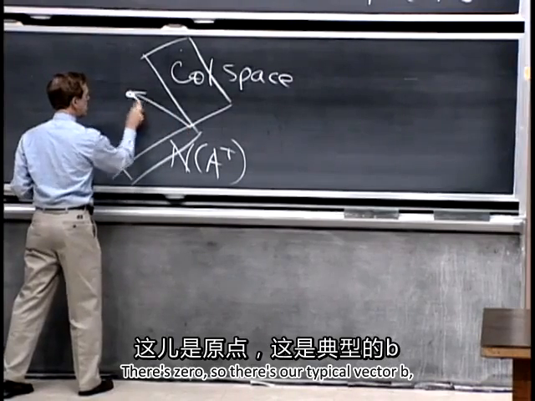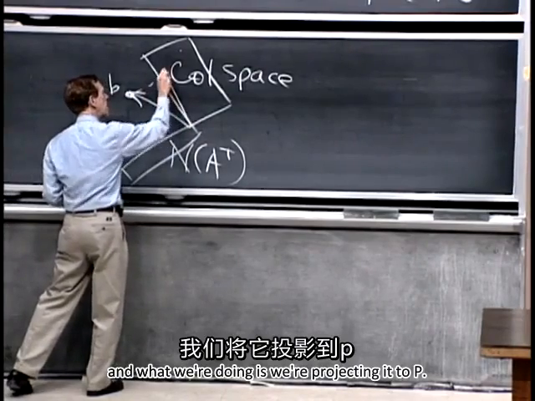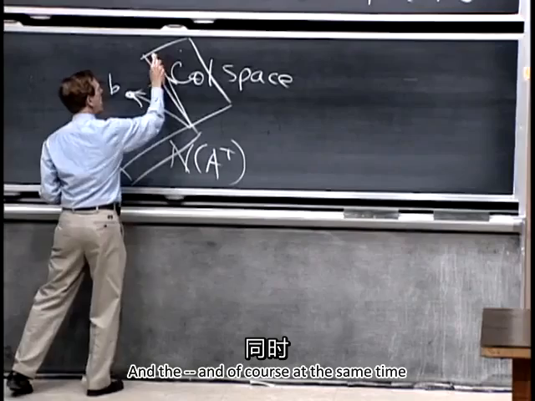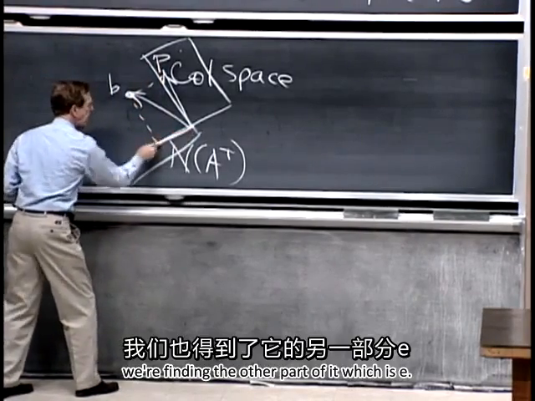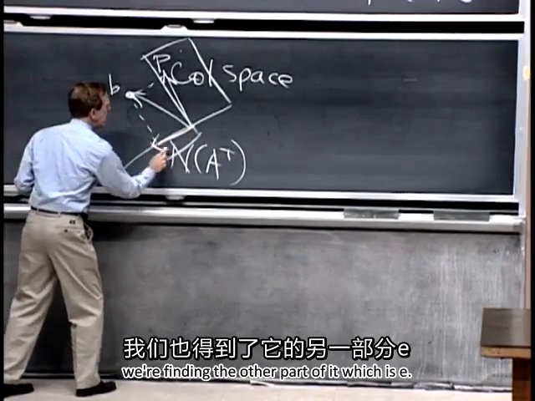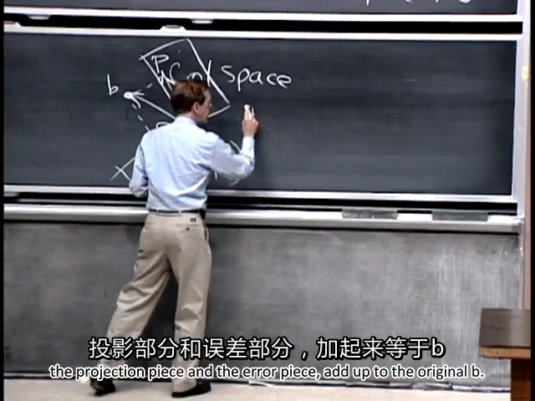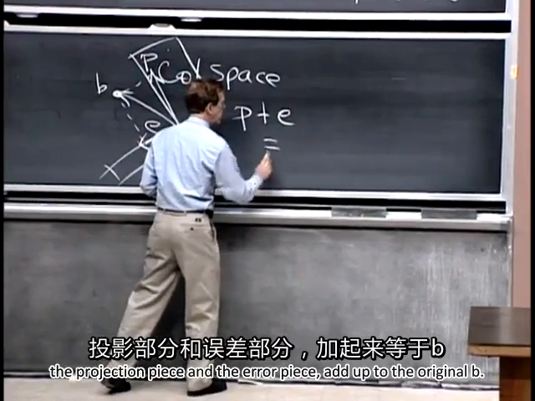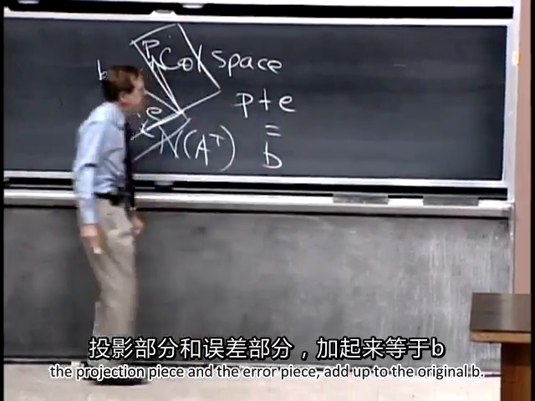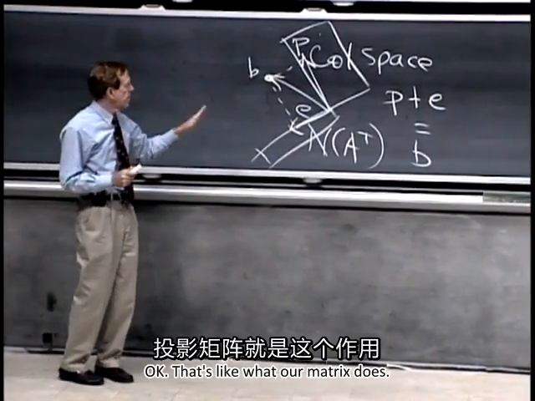There's 0, so there's our typical vector B. And what we're doing is we're projecting it to P. And of course, at the same time, we're finding the other part of it, which is E. So the two pieces, the projection piece and the error piece, add up to the original B. Okay, that's like what our matrix does.